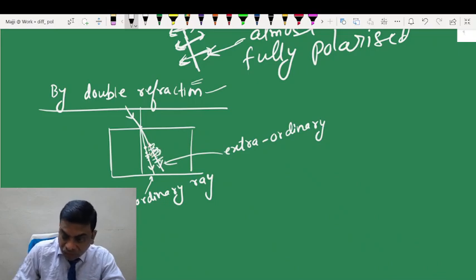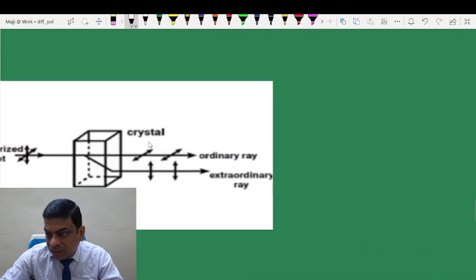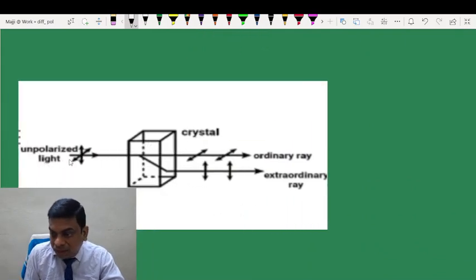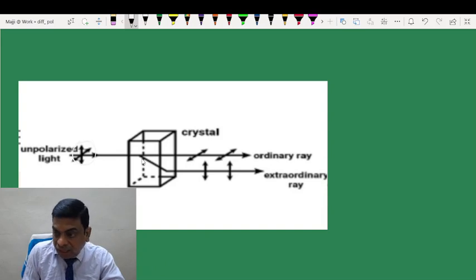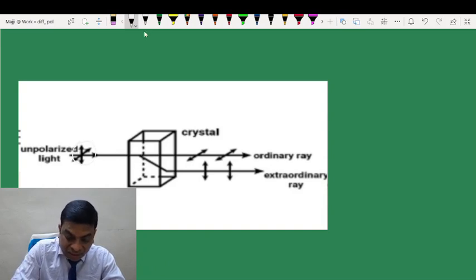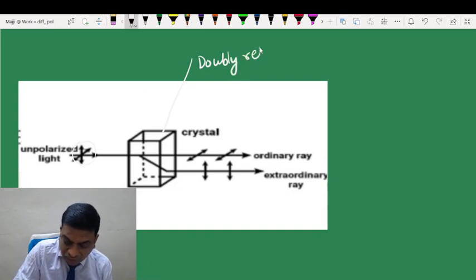So I have the diagram. You can see the diagram, students. Here an unpolarized light is coming. As you can see, it has electric field vectors in all possible directions. Whereas here, as soon as it enters a doubly refracting crystal, exhibiting double refraction, an example could be tourmaline.